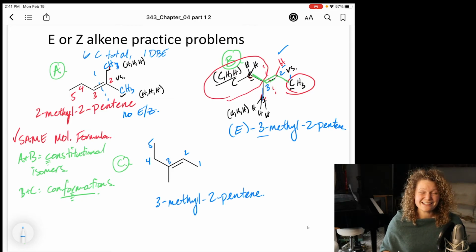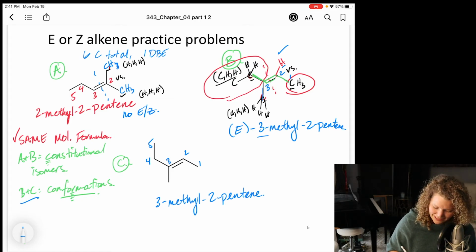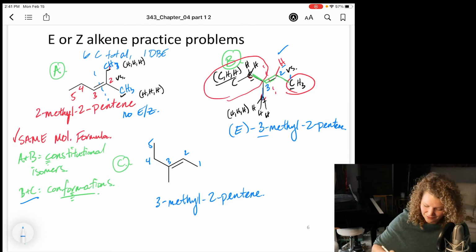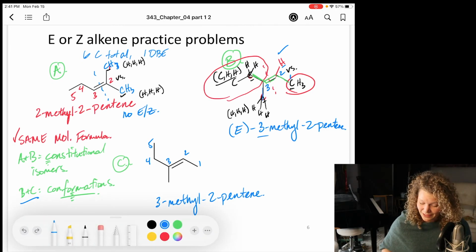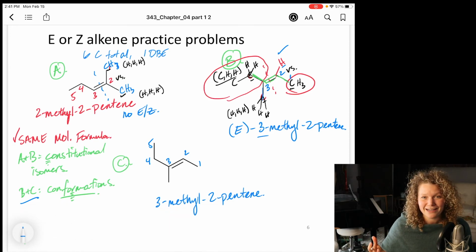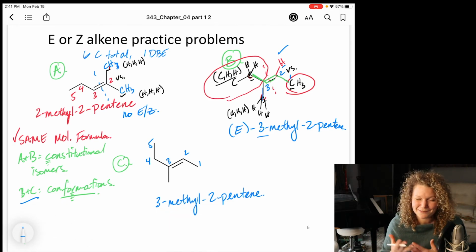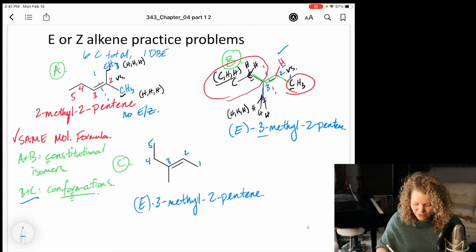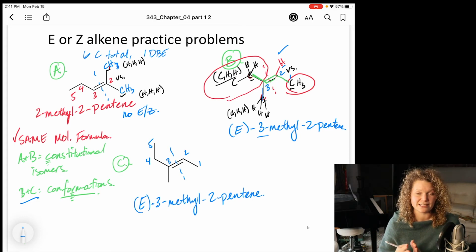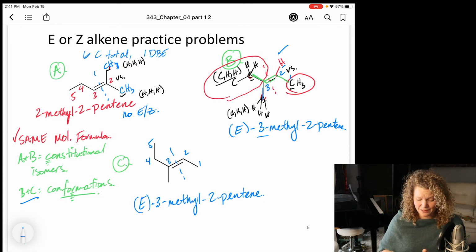Now, we already decided that these two, B and C, were conformers of each other because I just rotated that single bond. So if you're on an exam, you don't have to then go back through and find out if it's E or Z because it's just a conformation. So it's still going to be an E alkene. You can prove it to yourself. Just pause the video and walk through the same formula we did for E or Z and determining the higher priority groups on either side.